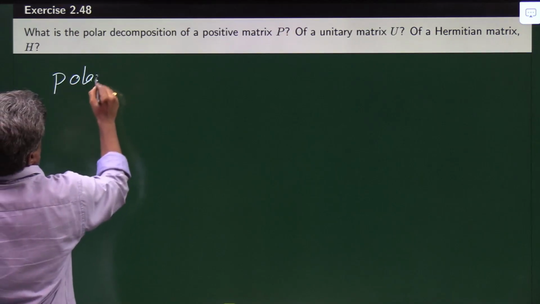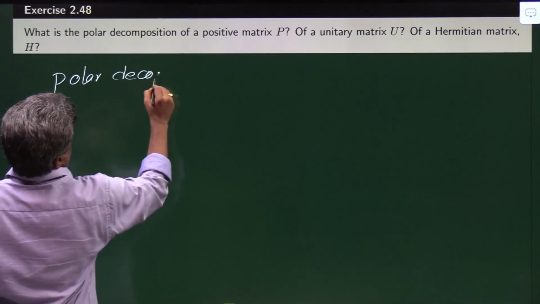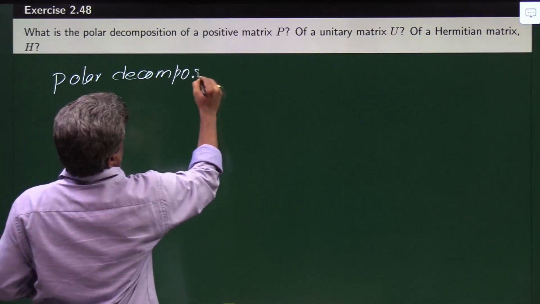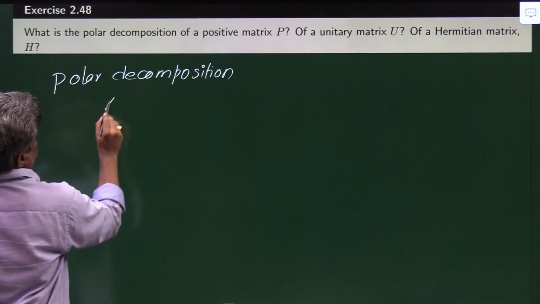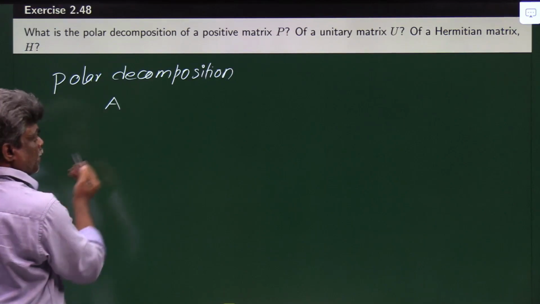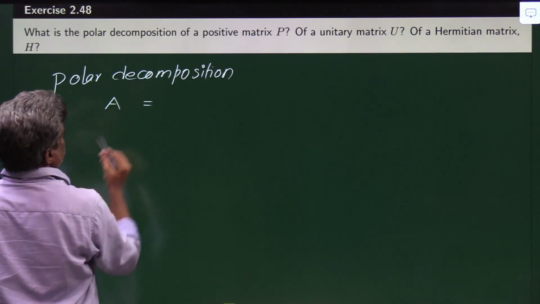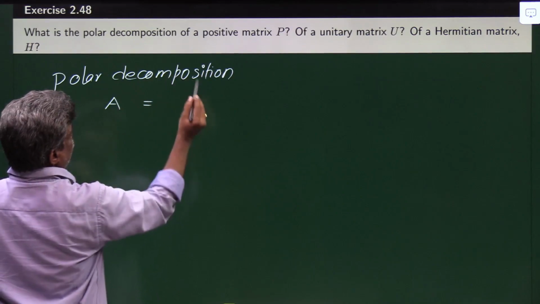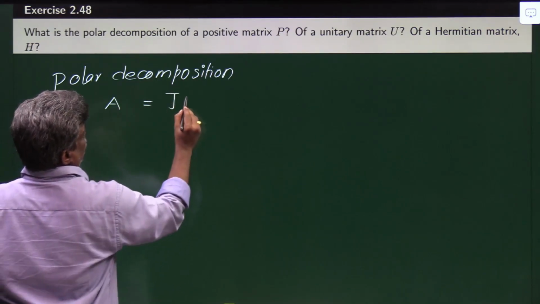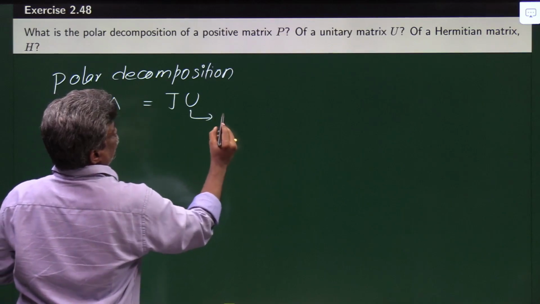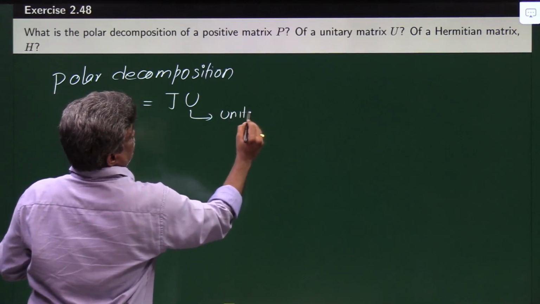So, polar decomposition. For example, there is a matrix A, an operator A. According to the polar decomposition definition, A can be written as J into U, where U is a unitary matrix.